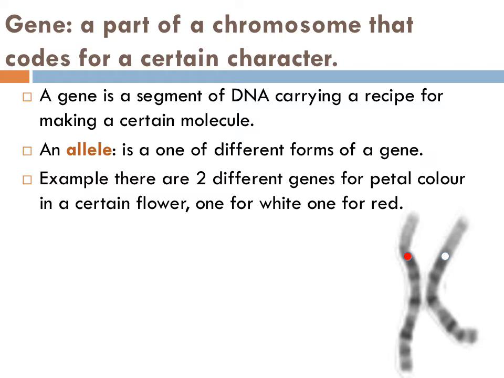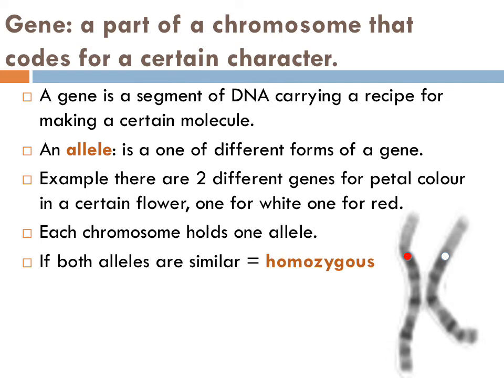Okay? So, if each chromosome holds one allele, if these two alleles code for the same characteristic. So if these two were red, for example, this organism, we're going to call it homozygous for petal color. For example, here, let's say this plant on a different part on its chromosome, there are codes that tell it to become tall plants.